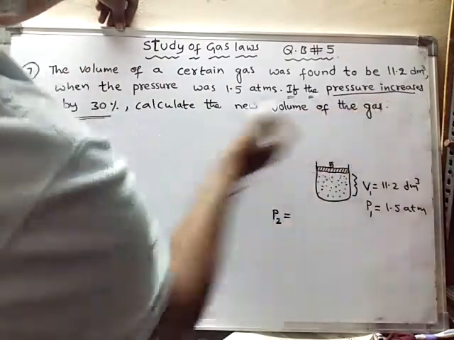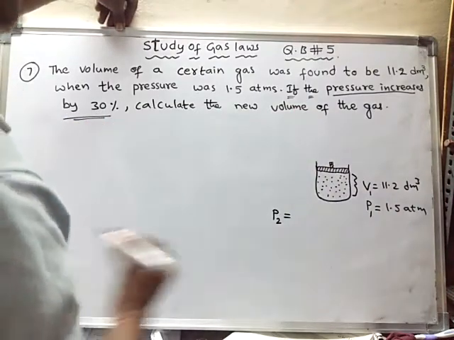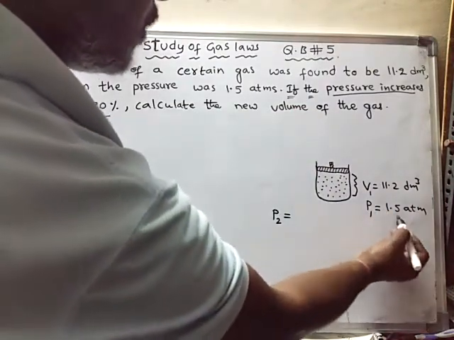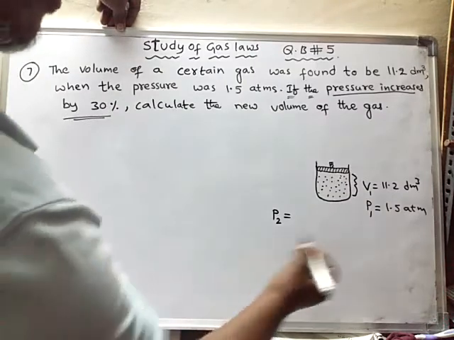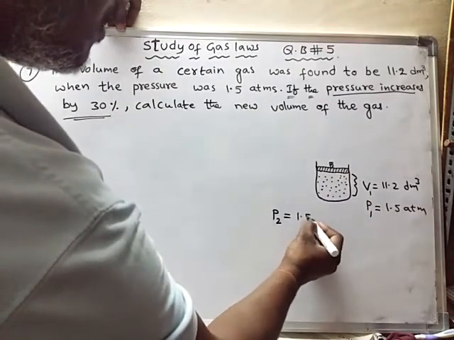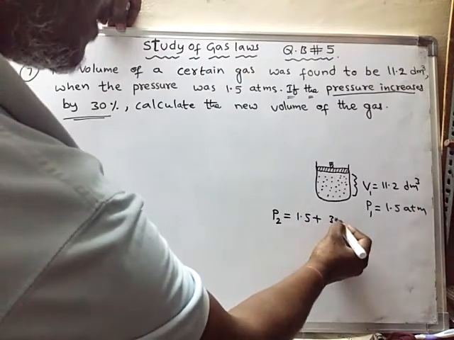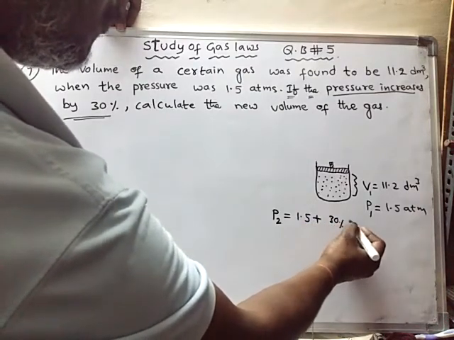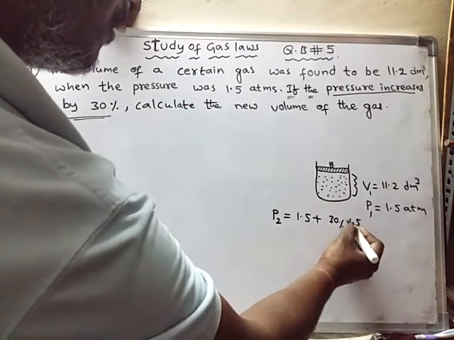If the pressure is increased by 30%, the pressure was 1.5 atmosphere. The new pressure is the old pressure plus 30% of the old pressure.